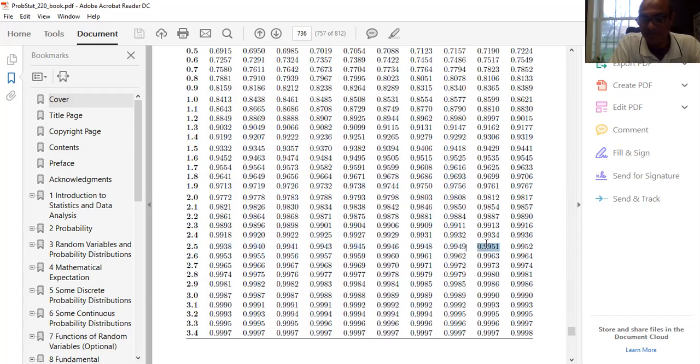So somewhere over here. It is 2.5 and this is 7 and 8, so 2.575. That's the fixed value. Always keep this in mind.